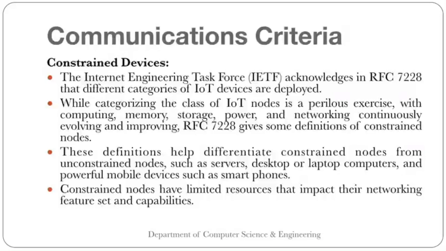Constrained nodes have limited resources that impact their networking feature set and capabilities. That's what constrained means: it is limited. Memory, storage and power are all limited for those nodes or devices.